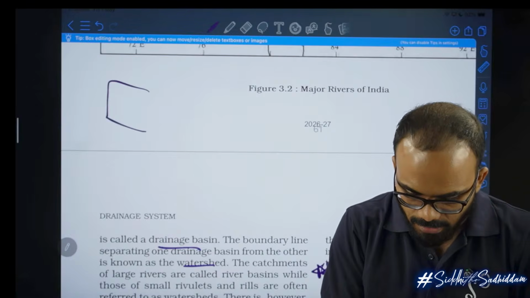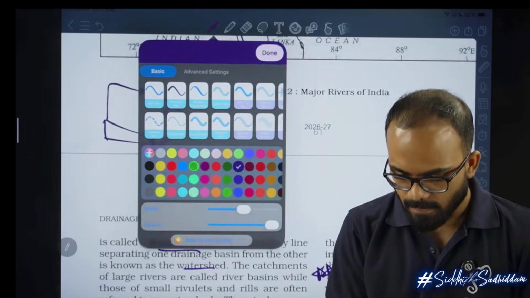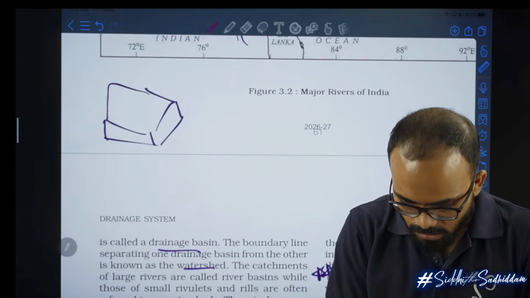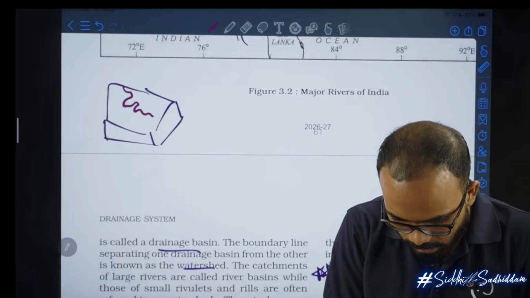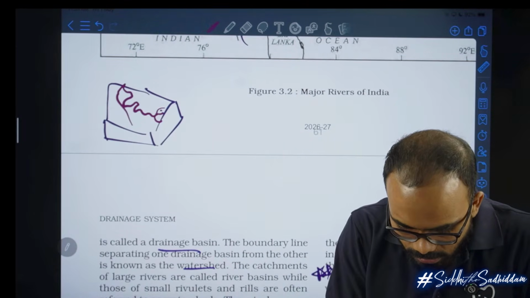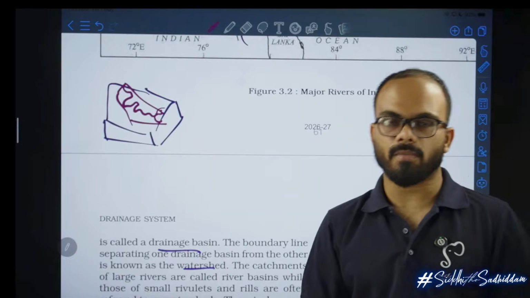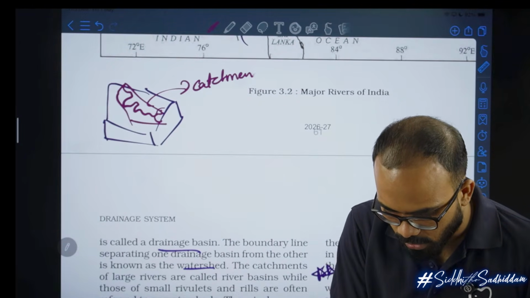Let us consider that this is the drain, this is a system that is there. A river has originated on a small peak here, it started to flow like this, it continued to flow and made a delta like this. Now this entire region through which the river is flowing by, we call this the catchment area of the river.